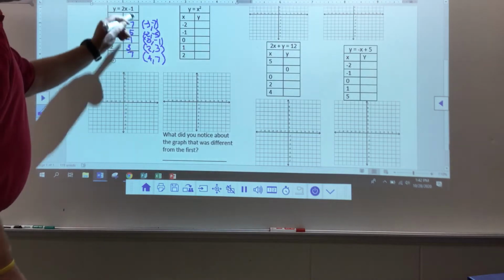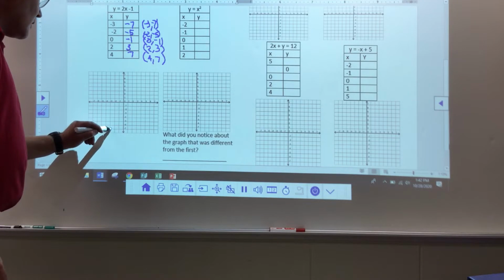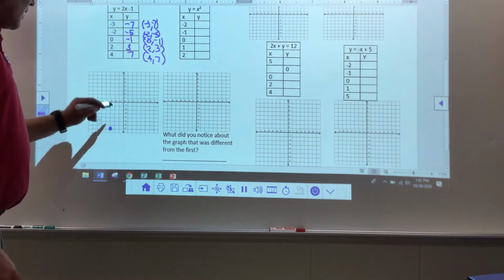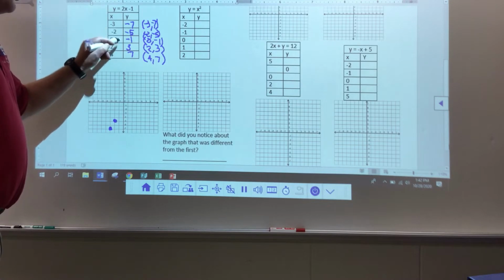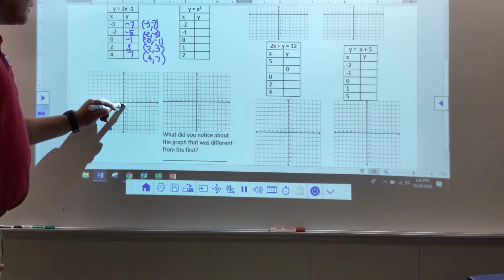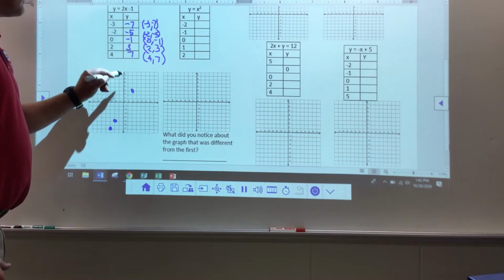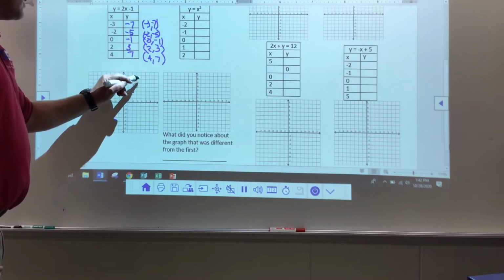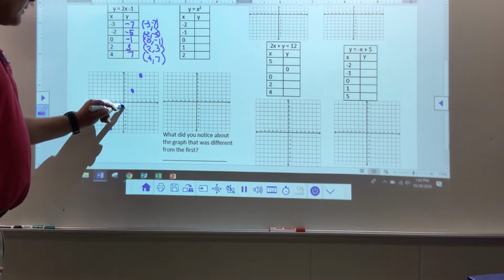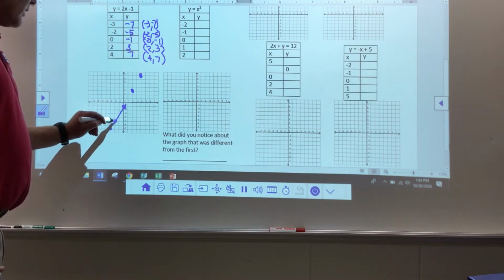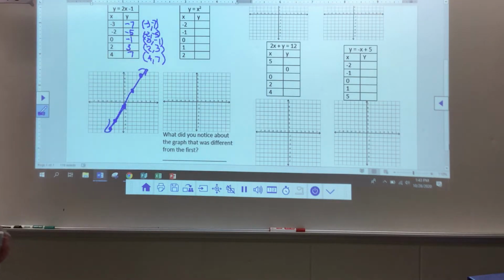Let me quickly do that. (-3, -7) looks like that point's going to go there. (-2, -5) looks like it's approximately there. (0, -1) goes there. (2, 3) goes right there. And (4, 7) goes way up here. Let me put that point there a little clearer. It looks like this would graph something similar there.